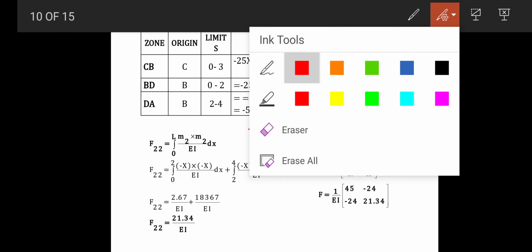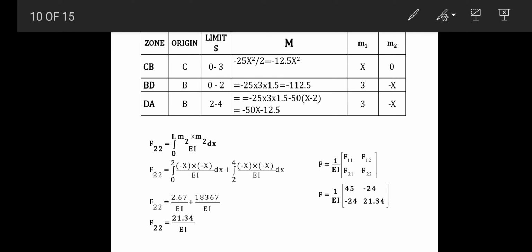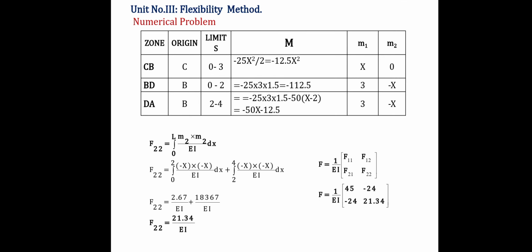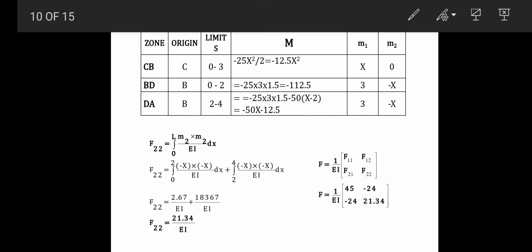Now the next coefficient, F22. Now here the numbers are 2 2, so we have to take m2 into m2 divided by EI into dx, integrating 0 to L. The first zone is CB, but the value of m2 is 0, so 0 into 0 becomes 0.